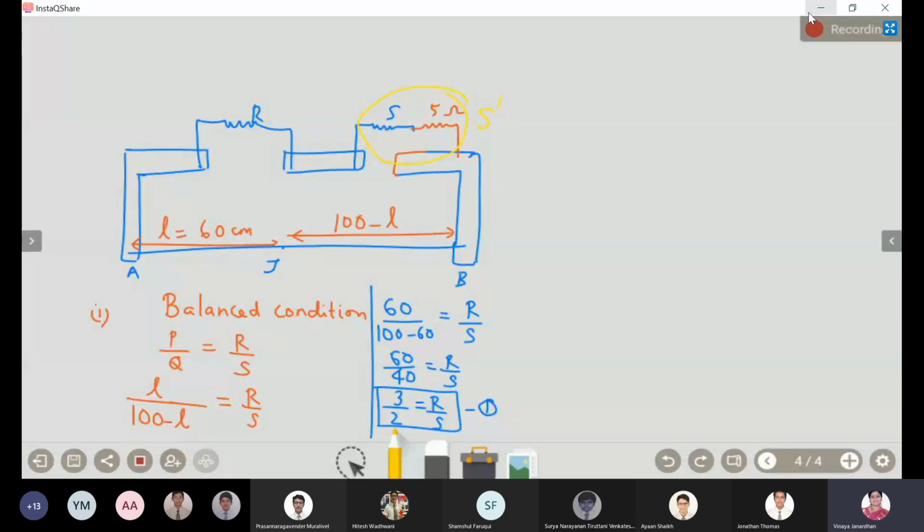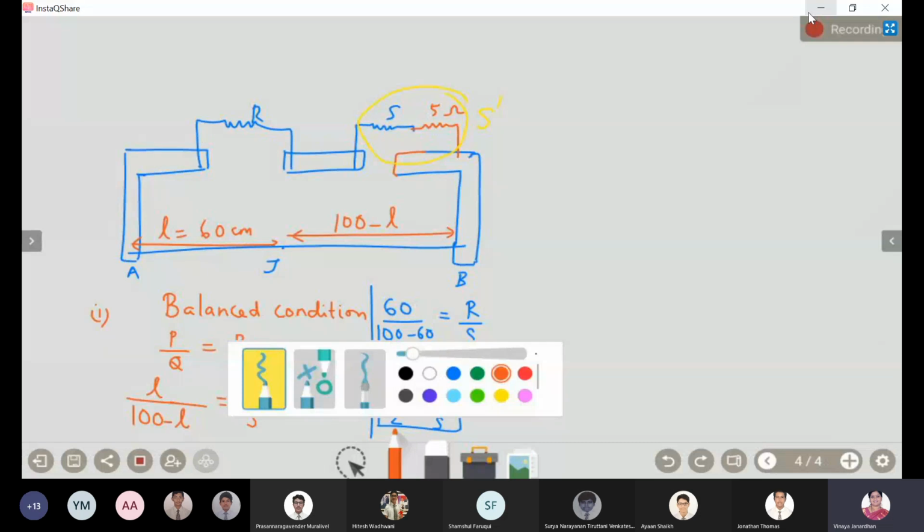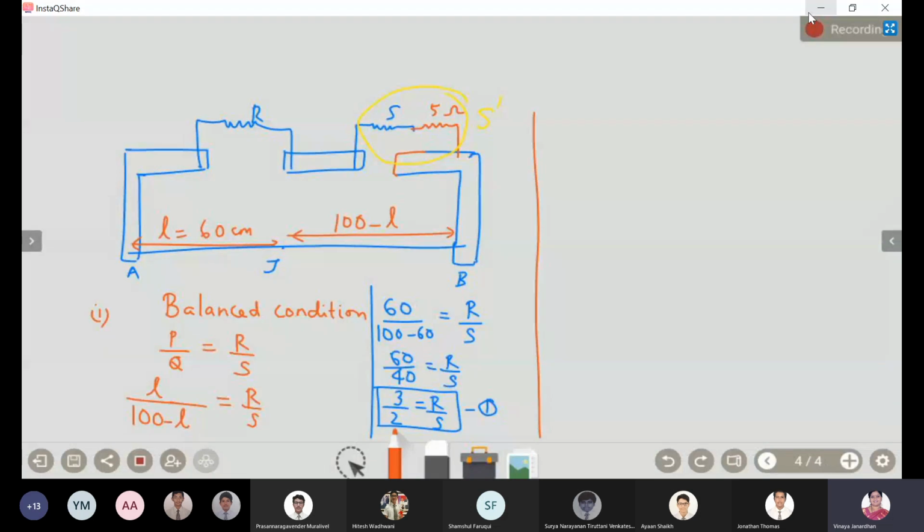The balancing length changes to 50 centimeter. Is that clear? Okay, so now we'll go for the second one.